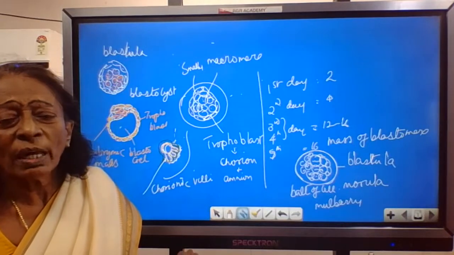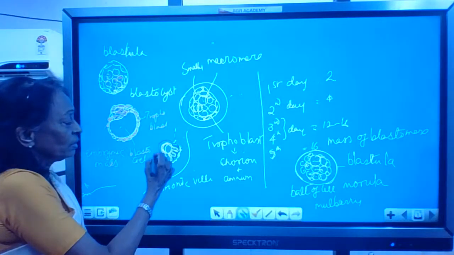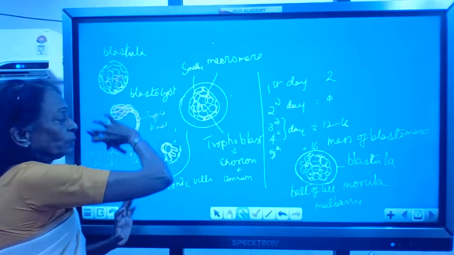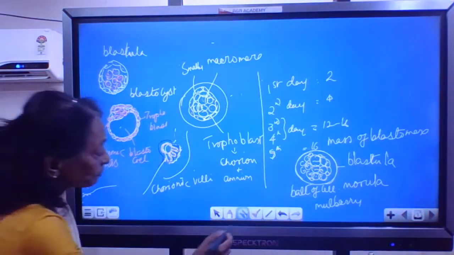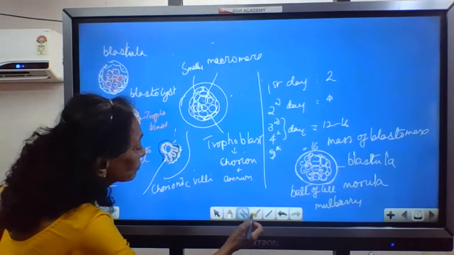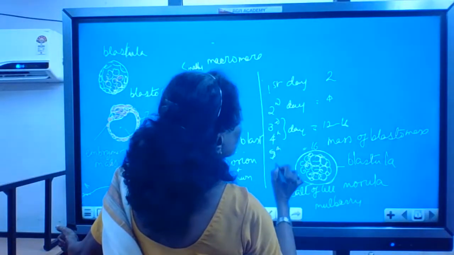Now after this what will happen? The embryo begins to develop, and when it develops, it occupies the entire space in the uterus.